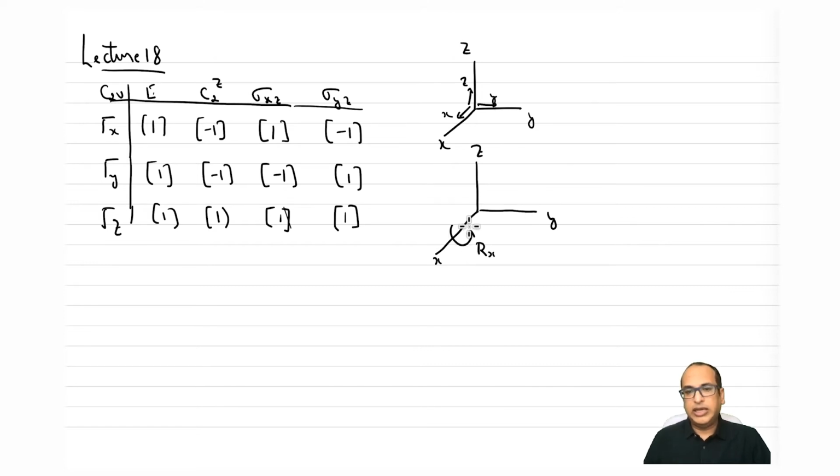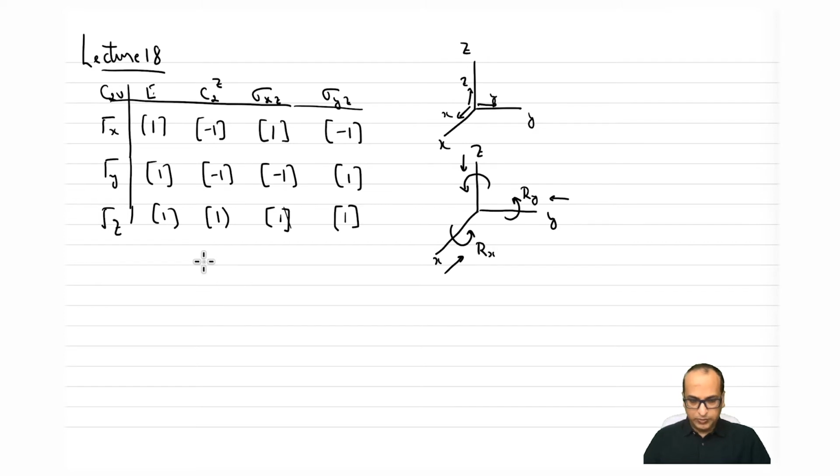Sense of rotation is taken as anti-clockwise when I'm looking from the positive side of the x-axis towards the origin. Similarly, the sense of rotation about the y-axis is taken as the Ry vector, and again it is anti-clockwise when I'm looking from the positive side of the y-axis towards the origin. And similarly for z, so I'm looking from this side, so it appears as anti-clockwise. So these are also vectors which will be needed later on.